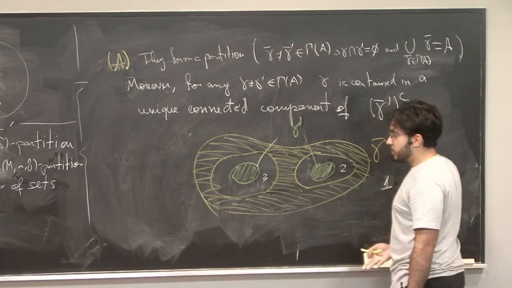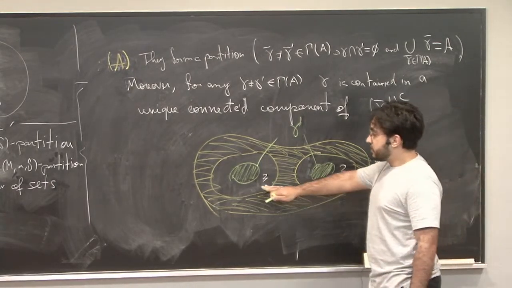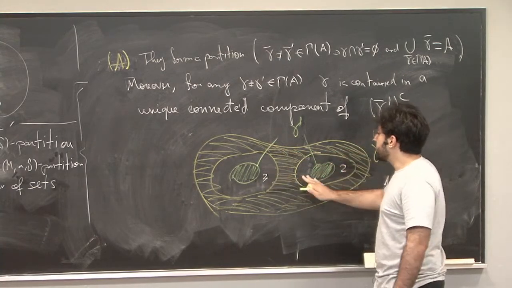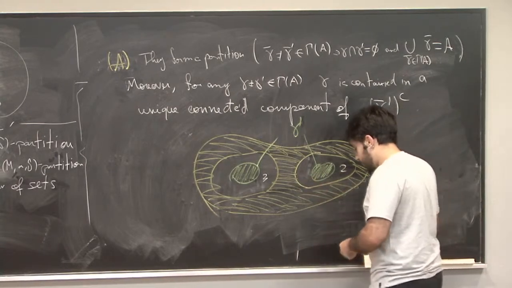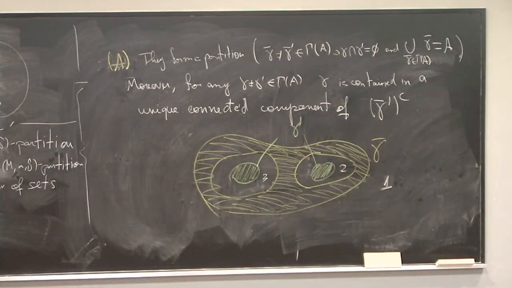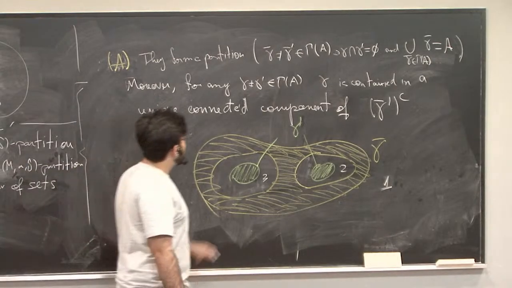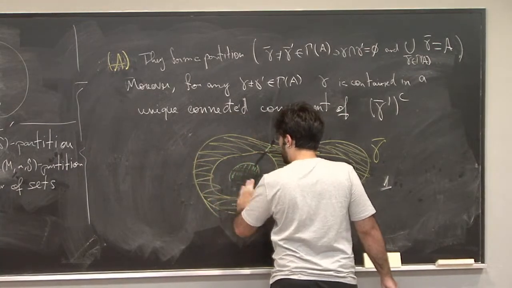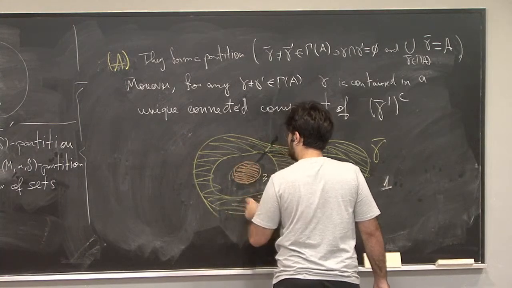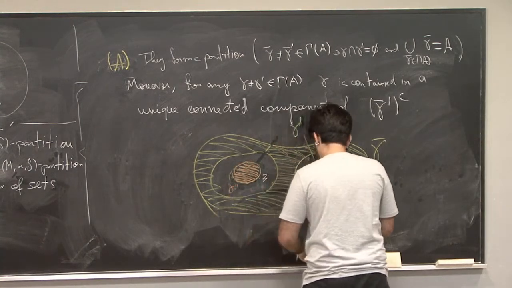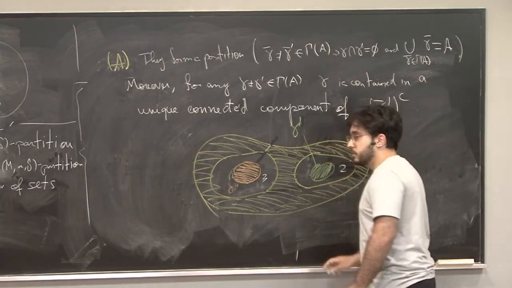We don't want this to happen. So this is an example of a partition that does not satisfy condition A. In order for this partition to satisfy condition A, I need to break the green set into two different parts. This is condition A.